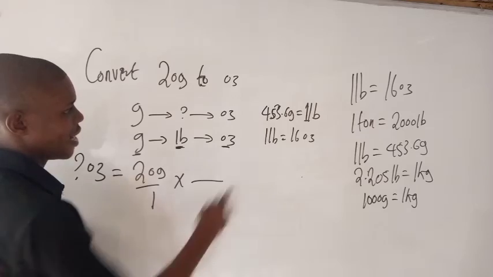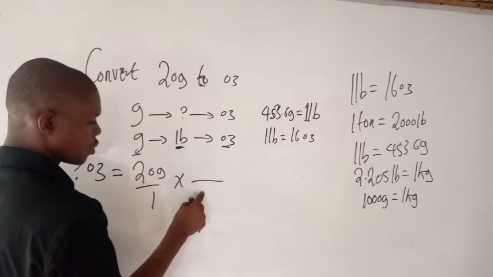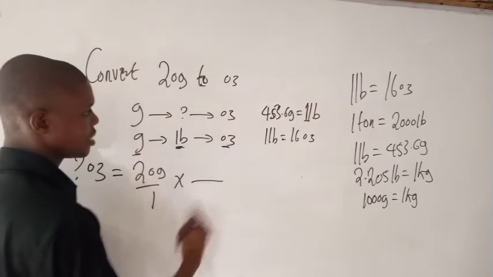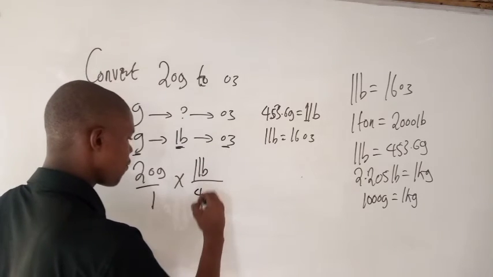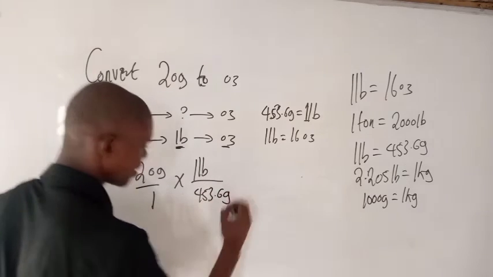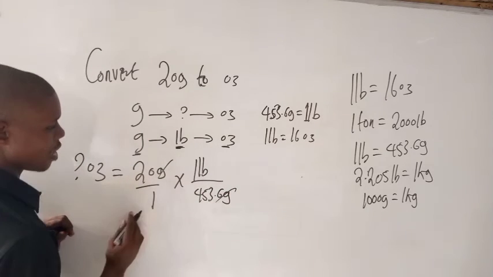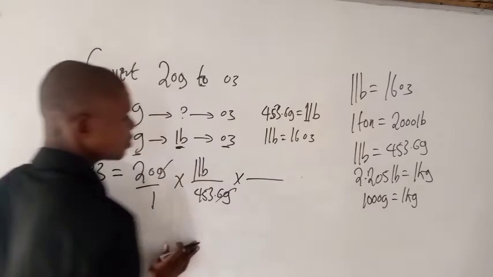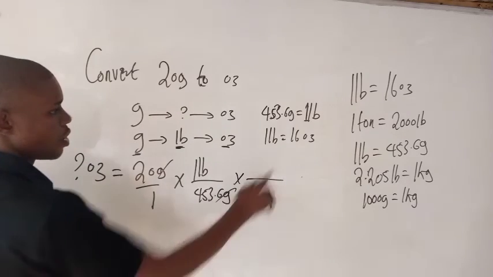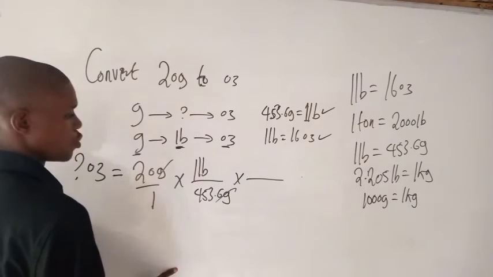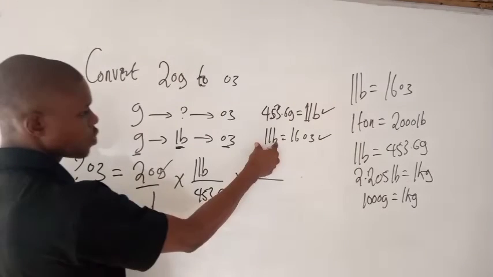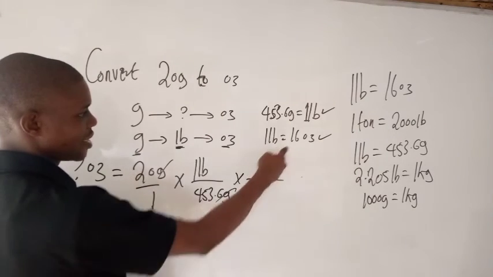If I check very well, gram will come to the down, or move to the top, so that they can easily cancel out. So now we're going to do 1 pound over 453.6 gram. So our gram and gram go out. The next thing is this other one here. This one will be at the down, so pounds and pounds will go out. 16 ounce will be at the top.